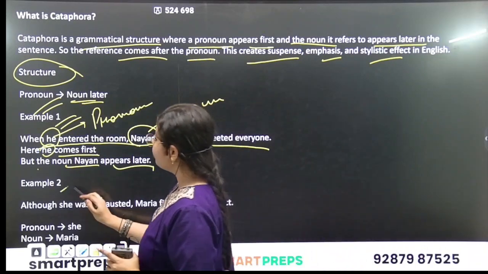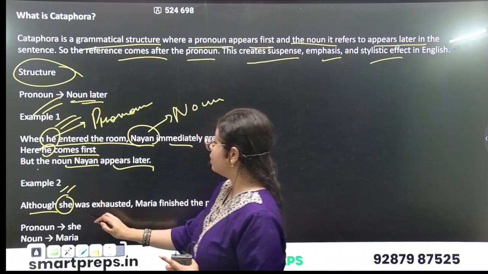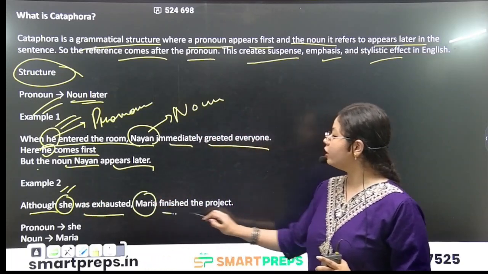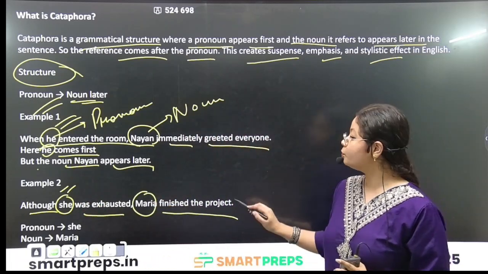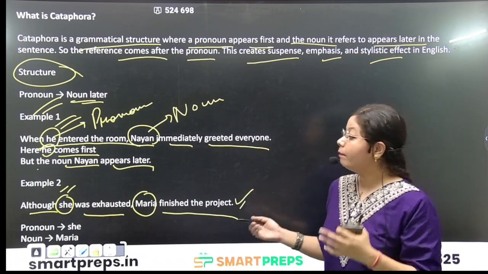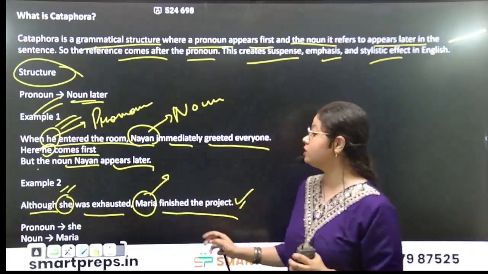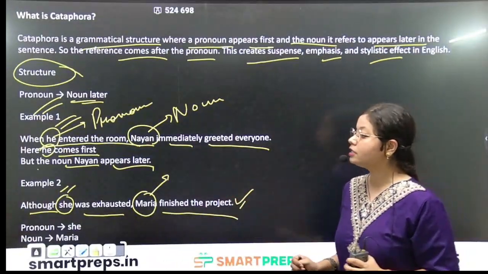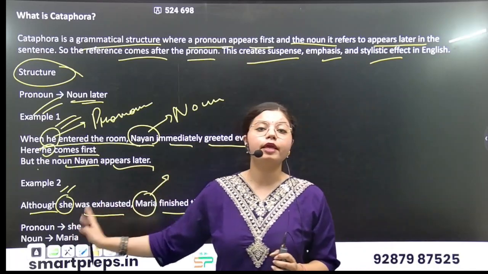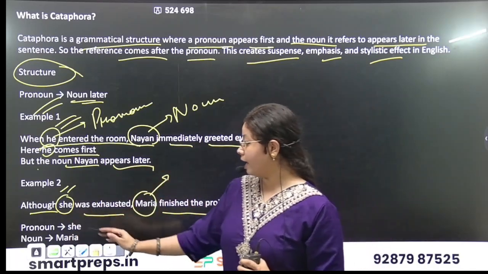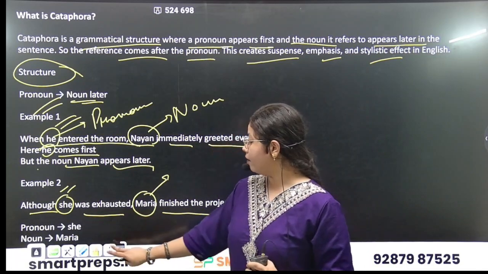Example 2: although she was exhausted, Maria finished the project. In this sentence, we are talking about Maria only, but we are placing the noun Maria later on and placing the pronoun she first. The pronoun is she and the noun is Maria here.